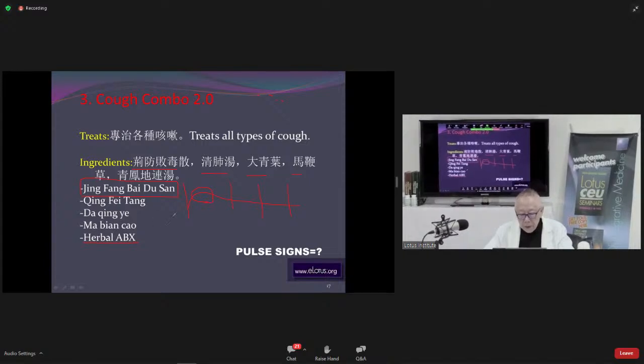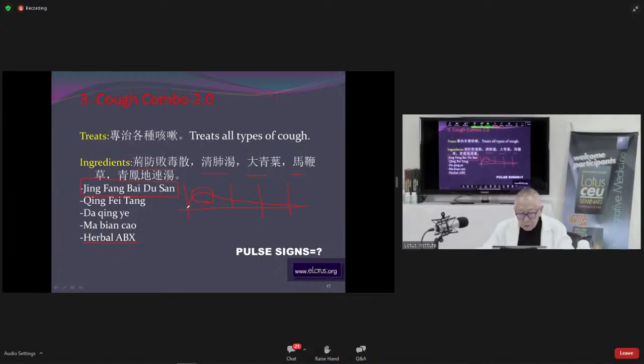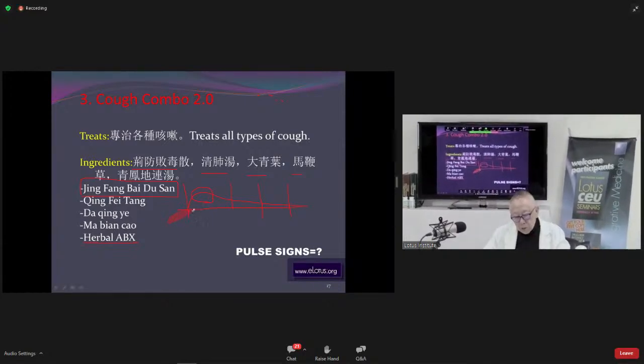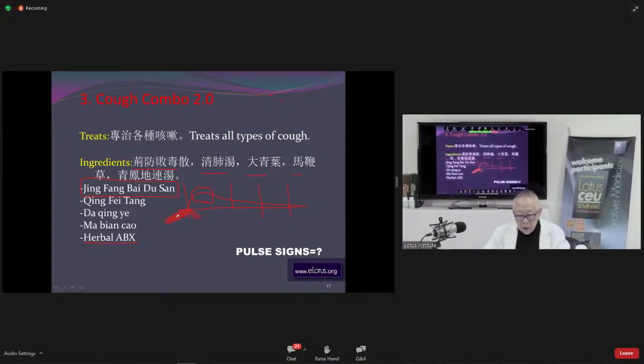Okay. The pulse is like this. Do you remember my Yang Wei pulse? I like to draw it this way, but anyway, it doesn't matter. This is the 8th extra meridian, Yang Wei, and this right side is directly the lung. So Yang Wei can show you the nature of the condition in the bronchial.